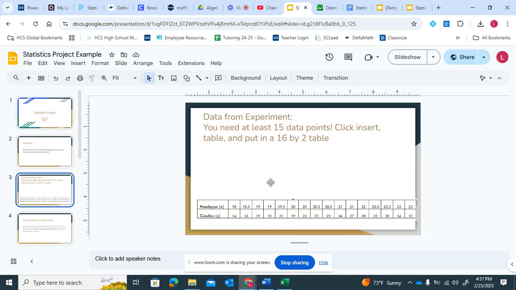Then you need to take 15 data points and put them into a 16 by 2 table.